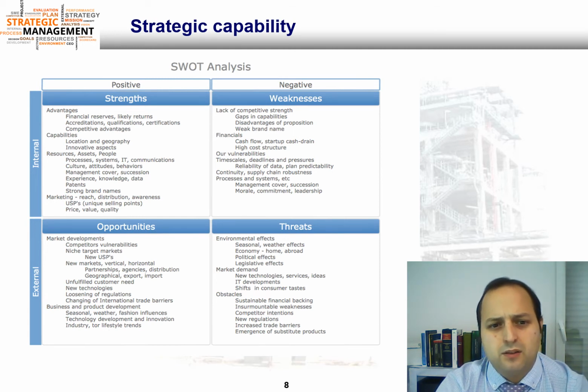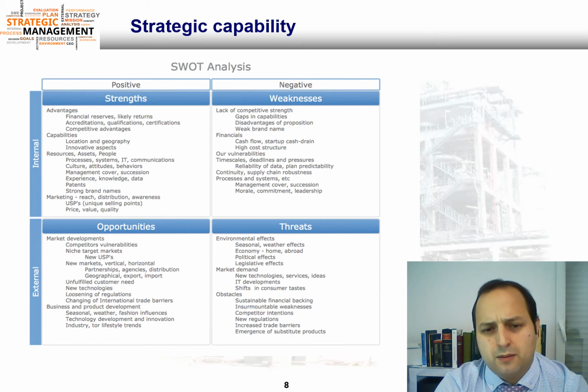And both strengths and opportunities could be considered as positive aspects, and weaknesses and threats as negative aspects. Just as an example, some strengths, some advantages: the financial reserves, the accreditation, competitive advantages, etc., the capabilities, location and geographic, innovative aspects, the resources, the marketing, etc.